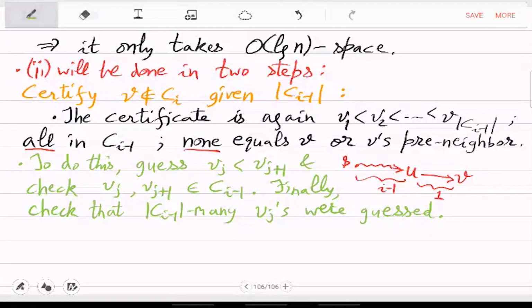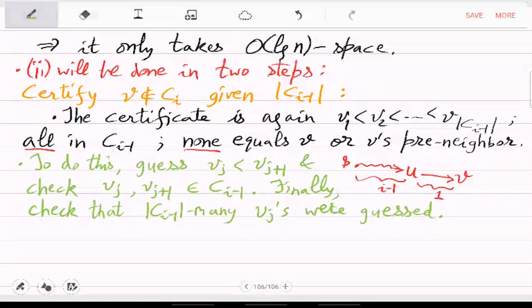This is almost identical to the previous thing. Even when you know Ci minus 1, that is enough to certify V not in Ci, by ensuring that V and all its pre-neighbors don't appear when we enumerate Ci minus 1.